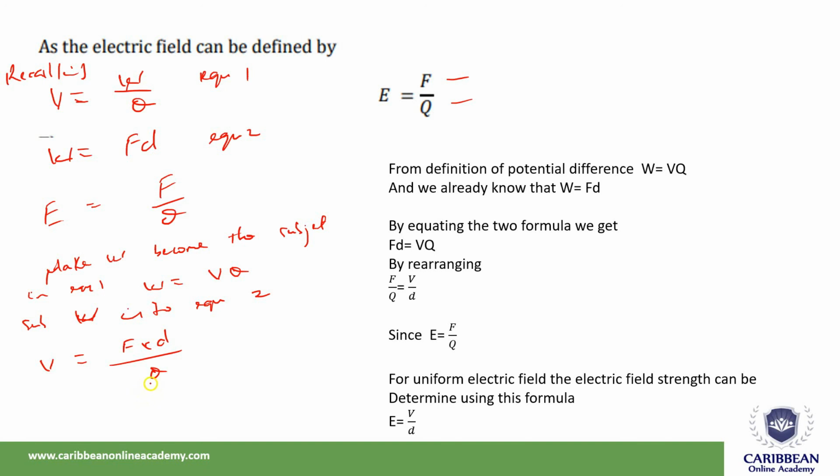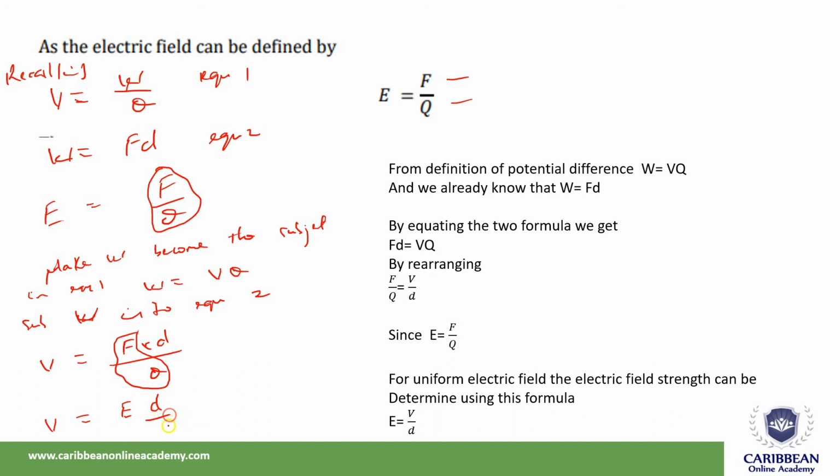And since we know that electric field is equal to force per unit charge, you're seeing force times distance divided by Q. You're seeing force divided by Q right here, which is the same thing as E. So all we're going to do now is to say that V is equal to E times D, but we're trying to make E the subject.